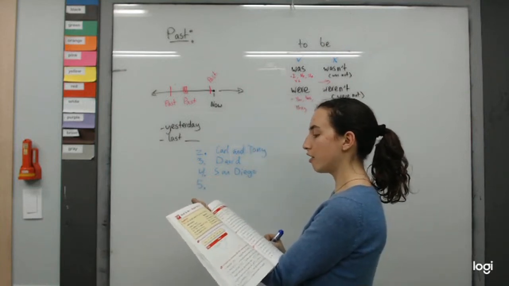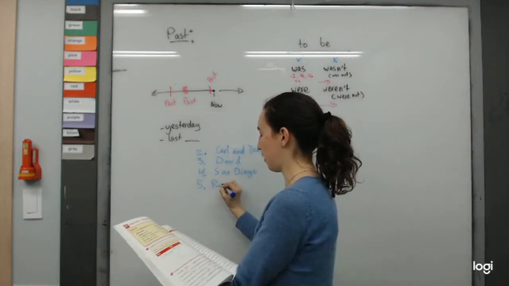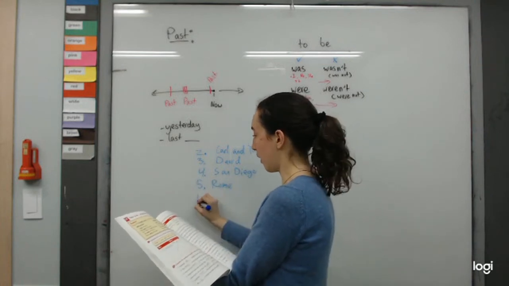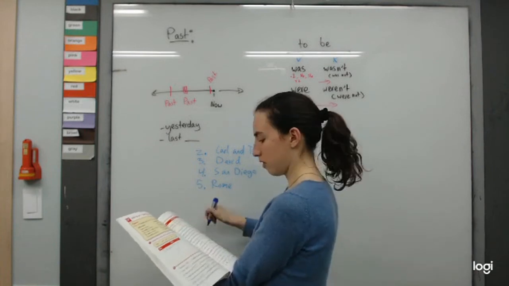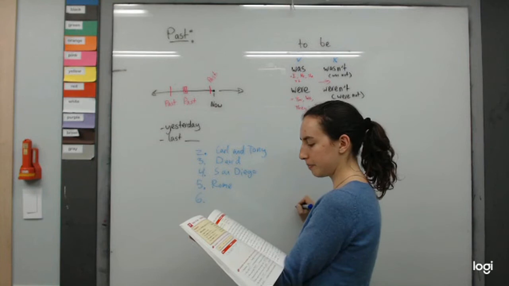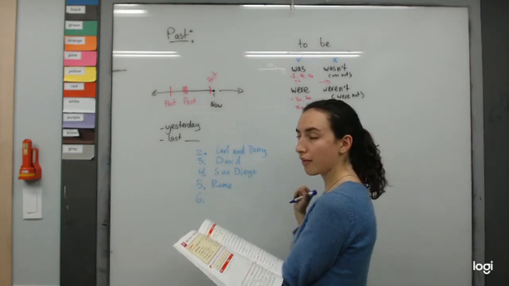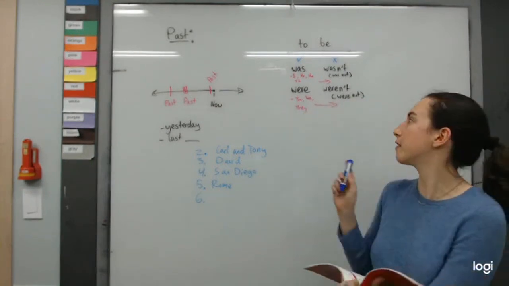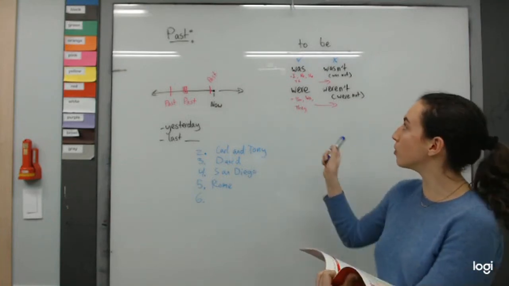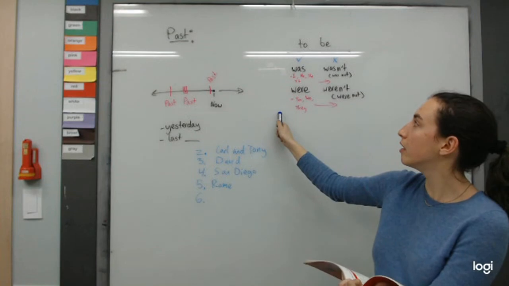Five, Julie was in Rome on Thursday. And David, okay, so here we have to use the verb. So David, think, what verb do we use for David? This is past, so do we use was, David was, or David were?